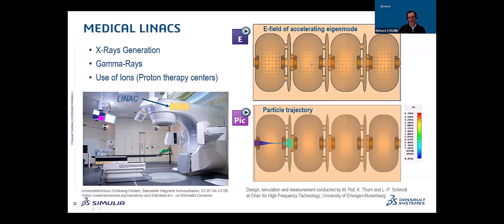So how does that work? We can fully perform this kind of simulation. You introduce a DC beam, which is coming from an electron gun somewhere in this area. Then the particles see the phase of the electric field, and while moving, they see an accelerating phase, which is the case here.